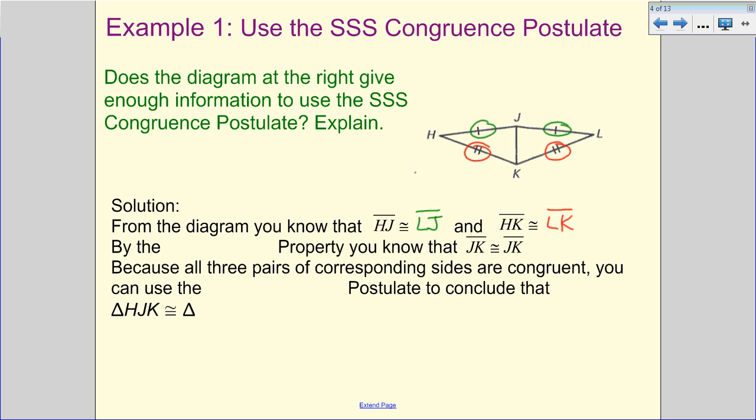Name corresponding parts. J is at the end of each segment. K is at the end of the HK segment, so K is going to be at the end of the LK segment. And then by the reflexive property, we know that JK is congruent to JK.